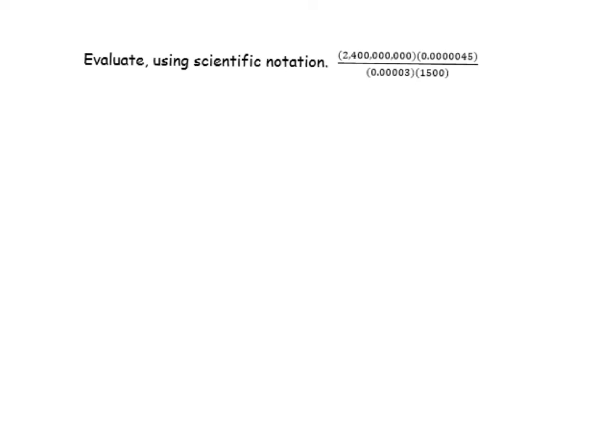That first problem, we've got 3, 6, 9 decimals. That would be equivalent then to 2.4 times 10 to the 9th. Put that in parentheses. The next one, if we're going to the left, or excuse me, to the right, 1, 2, 3, 4, 5, 6. Since that number is small, our exponent is negative.